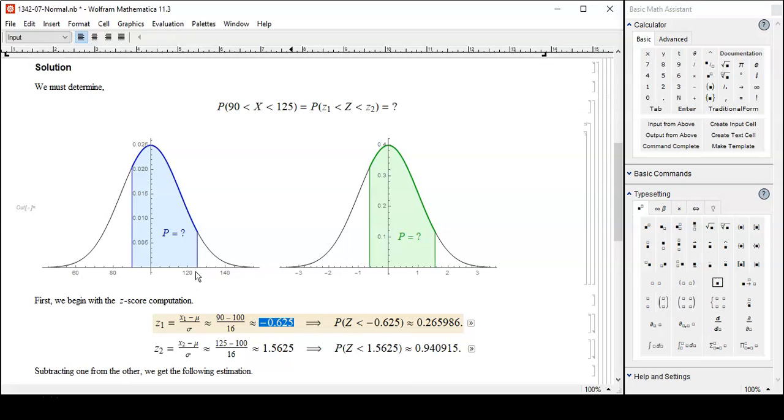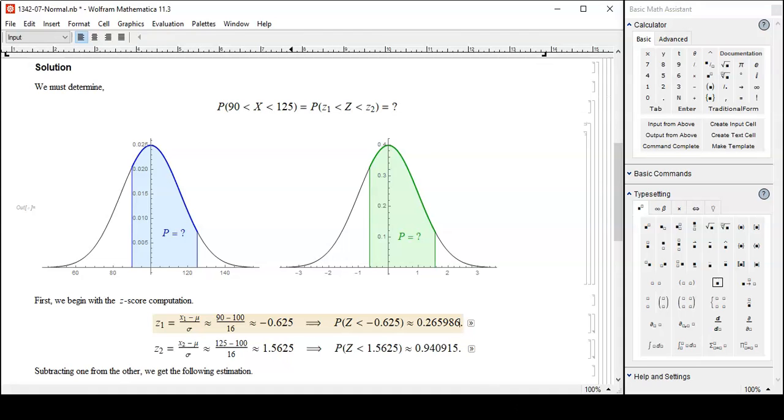For the other one here, 125 minus 100 over 16, I have 1.56. So what do you get as a probability? Less than negative 0.625. Well, you'll have to look up the z-table.